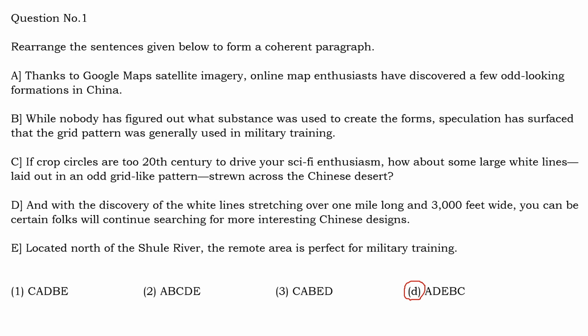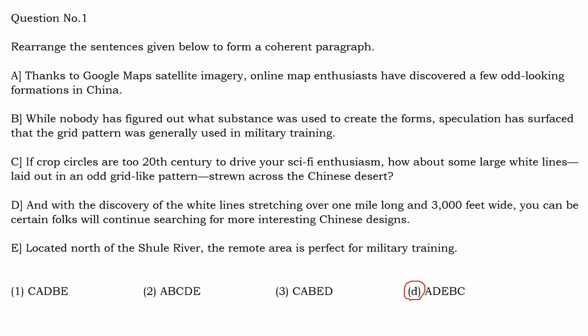Okay, now once you read the sentences, you can understand that the context is about the discovery of some grid-like patterns in some part of China, which some Google Maps enthusiasts, people who are fond of searching through Google Maps and looking at satellite images of various places all over the world, have found.